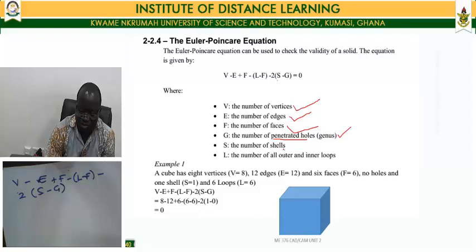When we talk about loops, we are looking at a face, which is bounded by a loop. So if I take this face of this cube, I can say that this is loop 1, 2, 3, and then 4.